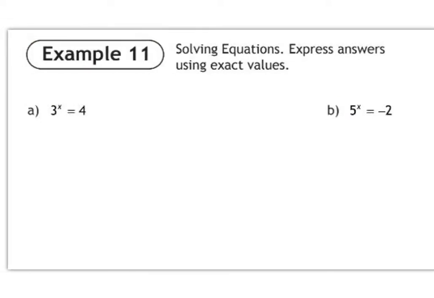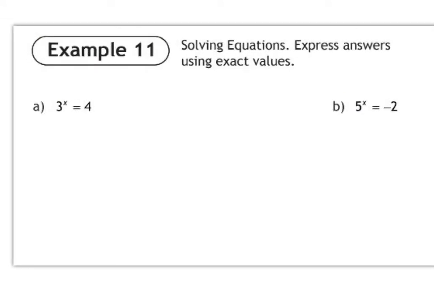All right, so now we have some kind of a reason to use logs, because I don't have a clean number that if I wrote this as 3 to something, I could turn this into 4. So we really don't have another path. Looking at this, I'm going to convert this to log form.